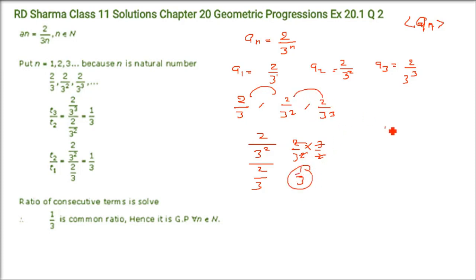Now coming to the other two terms, 2 by 3 cubed divided by 2 by 3 squared. What do you get? 2 gets cancelled, 1 3 gets cancelled, it shall be 1 by 3. So ratio of the consecutive terms is 1 by 3, which is a common ratio. So it's making a GP, common ratio 1 by 3.